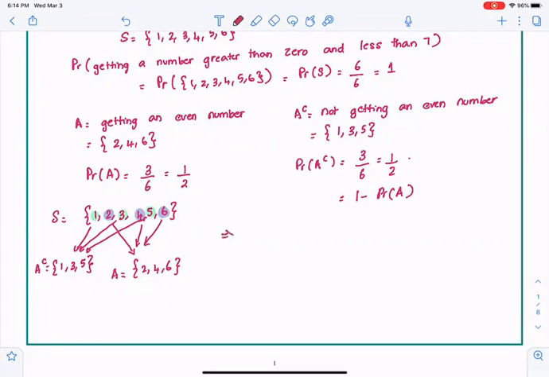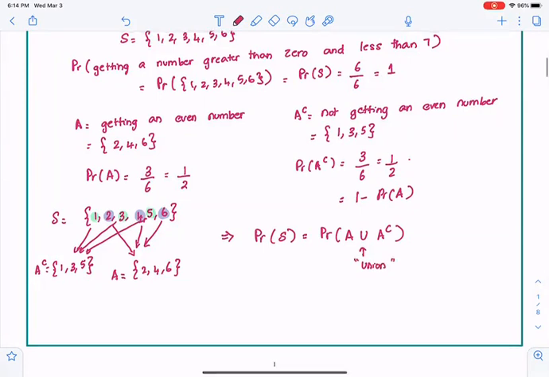So that leads us to saying the probability of S is equal to the probability of, I'm putting them together, so we would have A union A complement. Think about putting things together. That's why we have union. So we know the probability of the sample space is 1.